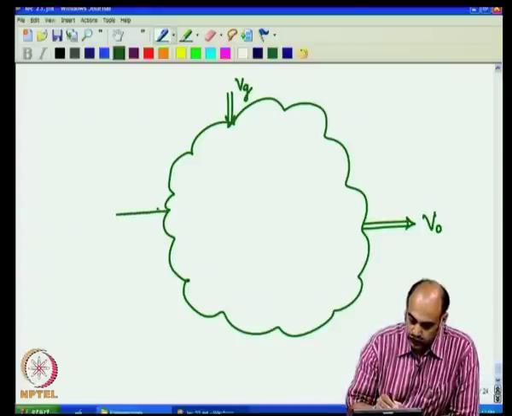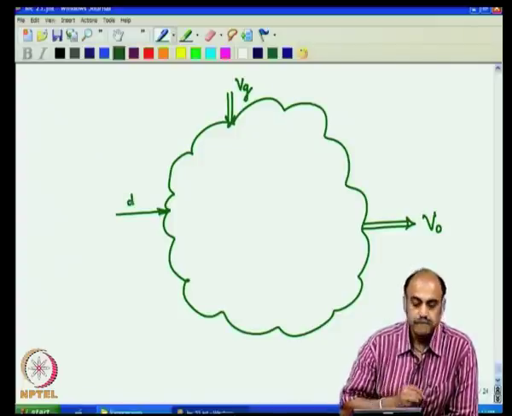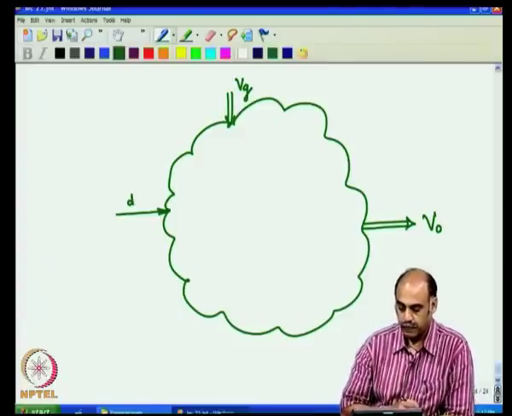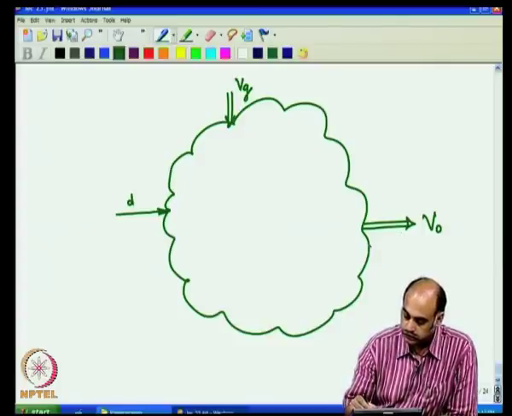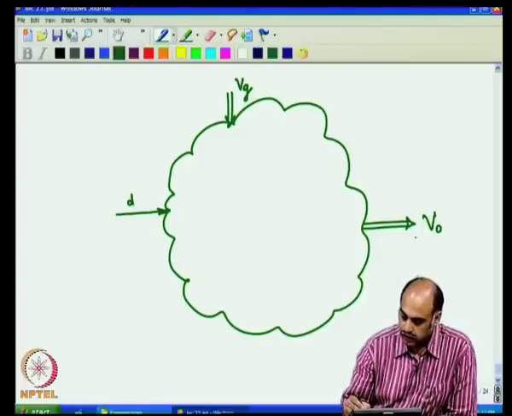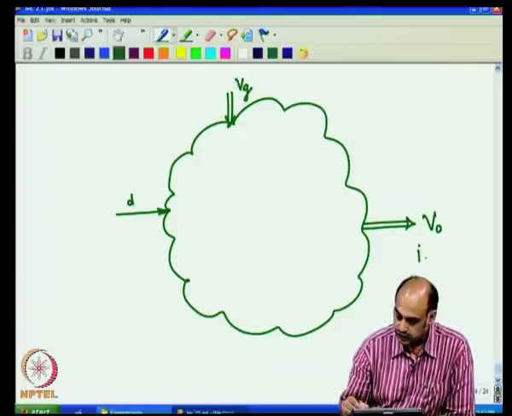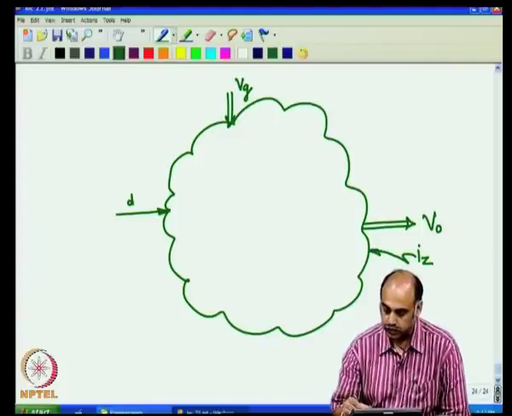We have a control input D, you also have the load current Iz, which is coming as an external input, and this is a disturbance input.